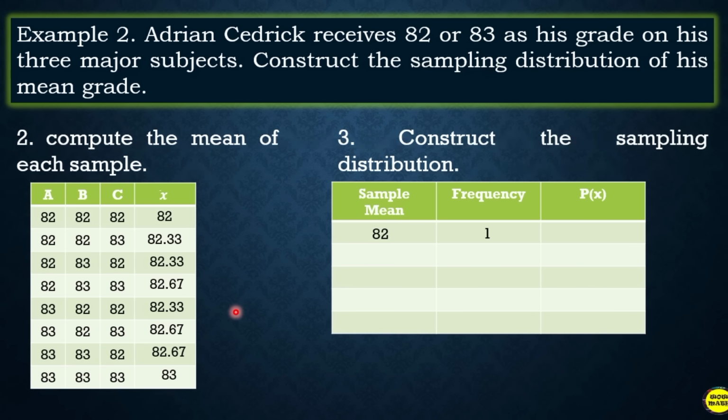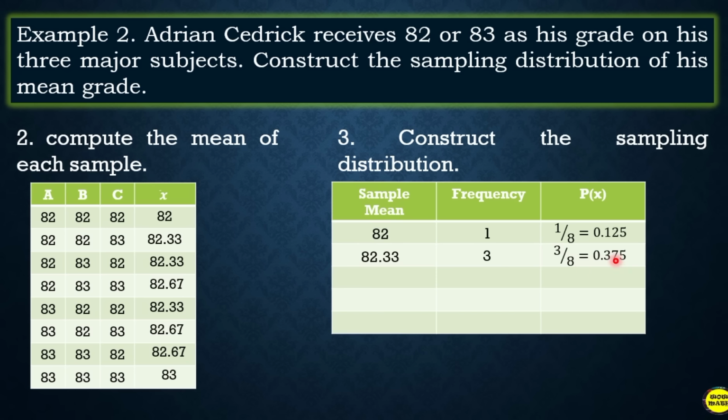So, therefore, yung probability na makakuha si Adrian Cedric ng 82 na grade is 0.125 or 1 over 8 kasi 8 silang lahat kaya 1 over 8, no? And then 82.33, so the frequency is 1, 2, 3. So meron tatlo.